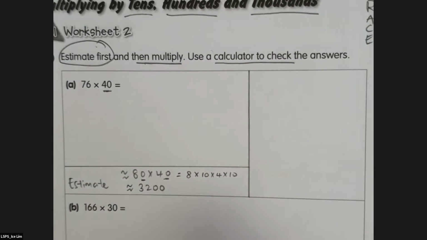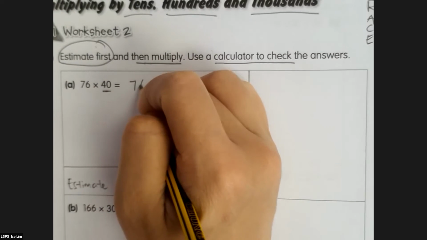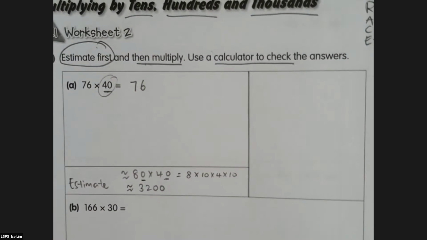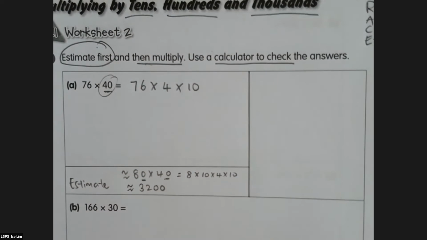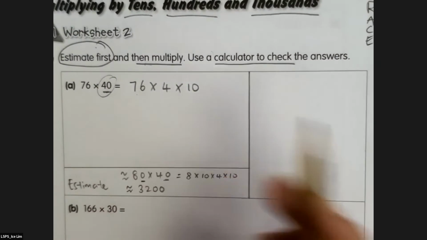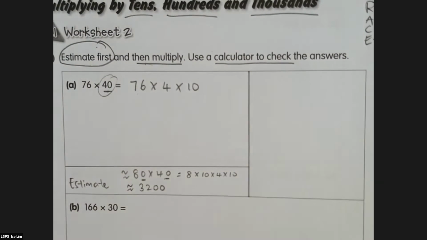Then I multiply. For here, I will do 76. For 40, I'll break it up into 4 times 10. So I can do 76 times 10 first, or I can do 76 times 4.